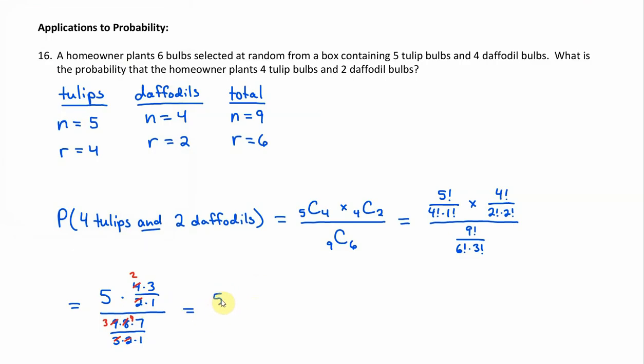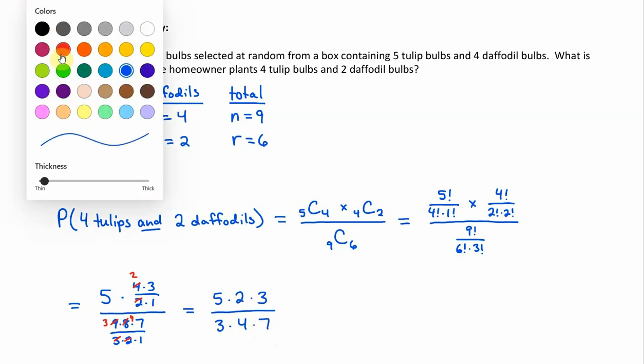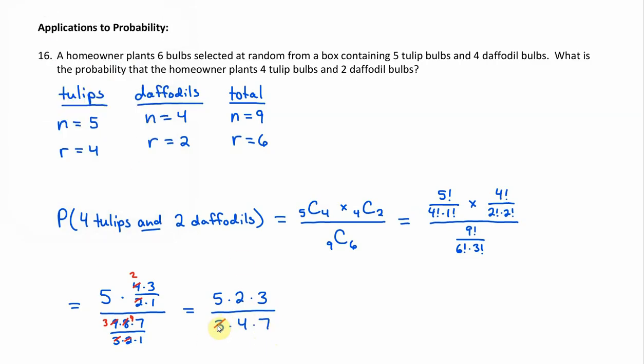So we'll have 5 times 2 times 3 on top, and on the bottom we have 3 times 4 times 7. And then we can simplify here too, because this 3 is a factor of the bottom, this 3 is a factor of the top, we can cancel them. And then 2 goes into 4 twice.